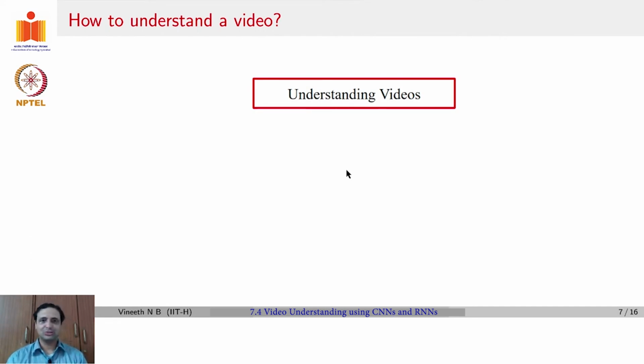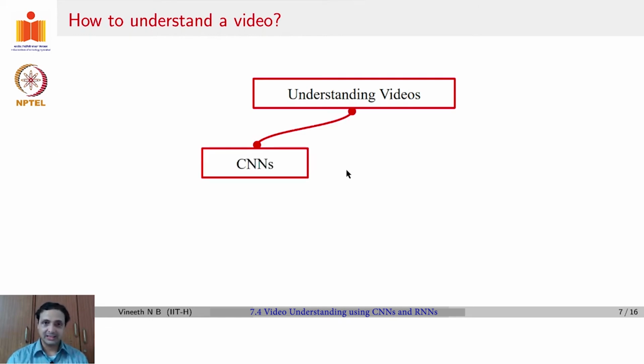Considering the focus of this course is on deep learning, we're going to look at deep learning based approaches to understanding videos. Broadly speaking, one could use only CNNs to understand videos, or use CNNs and RNNs together. We will see both examples in this lecture.